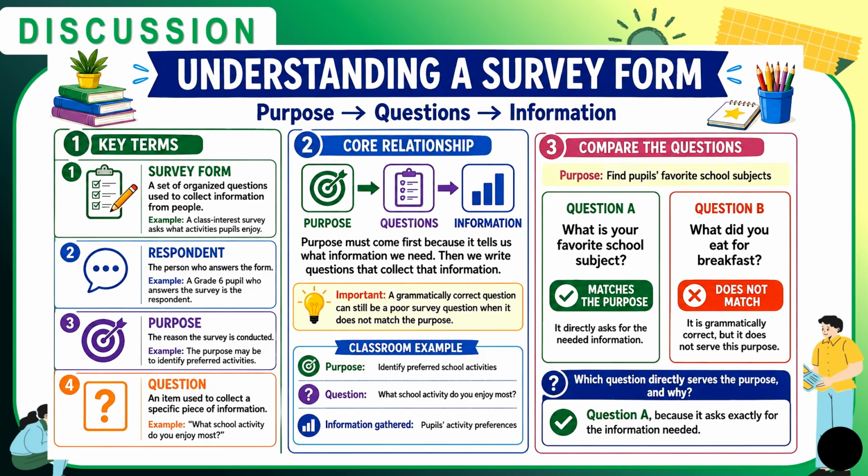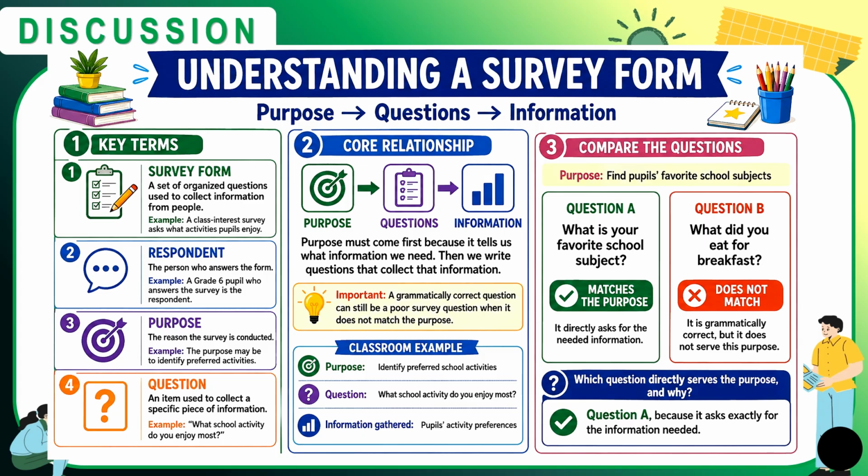Okay? So we have the purpose, question, and information. First is identifying the purpose. The purpose tells us what information we need. If the purpose is unclear, the survey may include random questions that do not help your survey. So remember this relationship: purpose leads to questions, and questions lead to information.